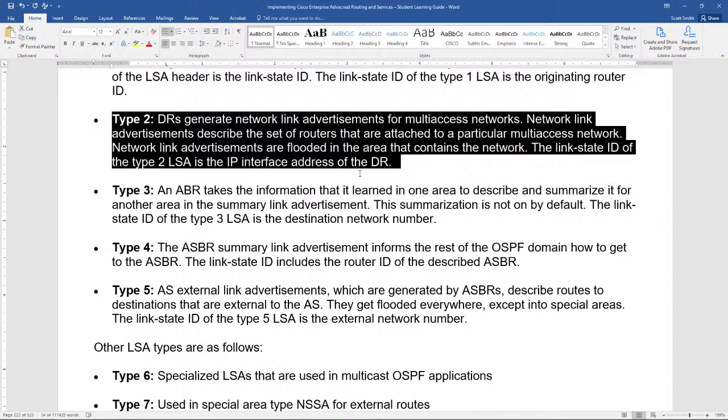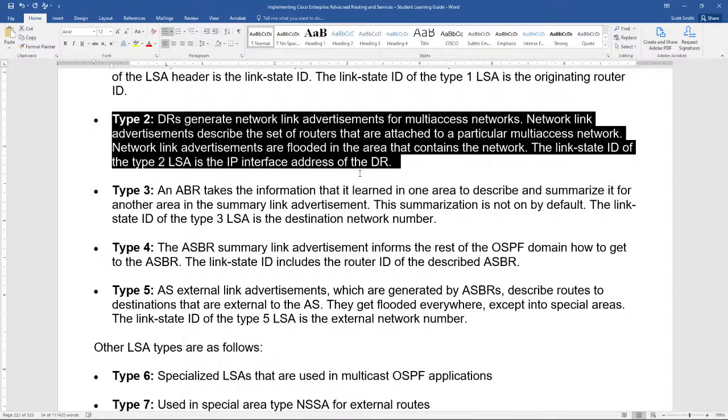The scope of a type 2 LSA is within the area, intra-area LSA, and the purpose of a type 2 LSA is to describe the network that the DR is managing, okay? So it doesn't specifically describe prefix information. It doesn't describe an actual network address and prefix.